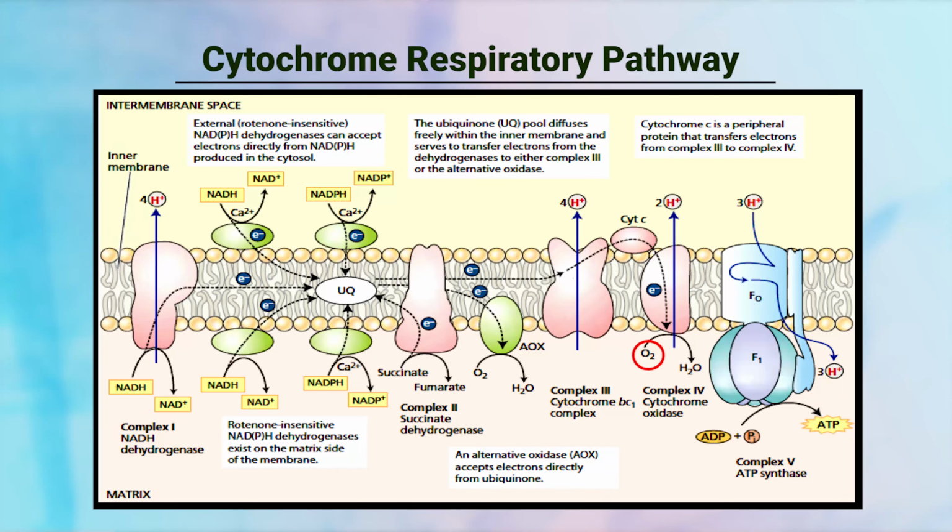As a result, oxygen is consumed with proton and the 2 electrons to produce water. Electron transfer through the cytochrome pathway is coupled with ATP synthesis and is inhibited by cyanide, azide and carbon dioxide.